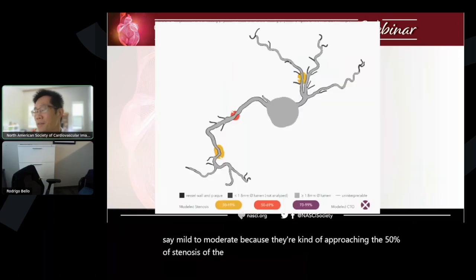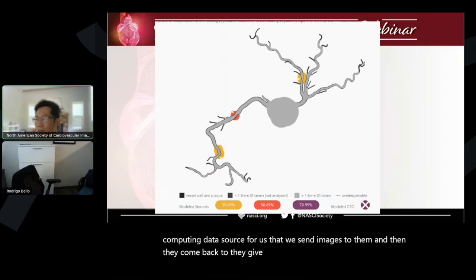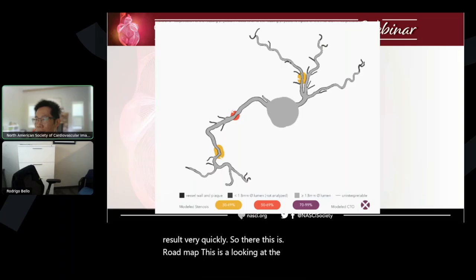We're very lucky to have an AI-assisted cloud computing data source for us. We send images to them, and then they generate the result and give it back very quickly. So this is a roadmap, looking at the coronary lumen, and it also highlights areas of stenosis.